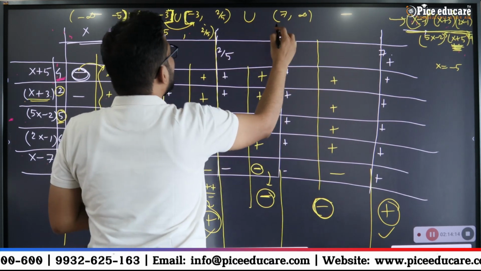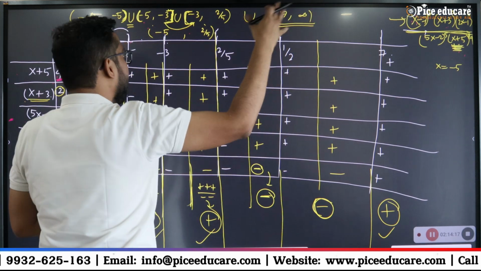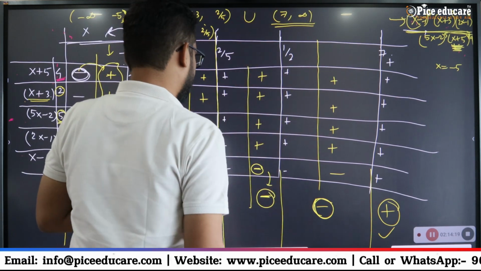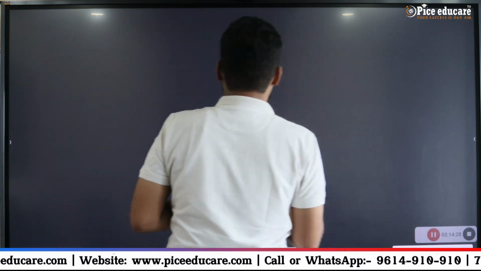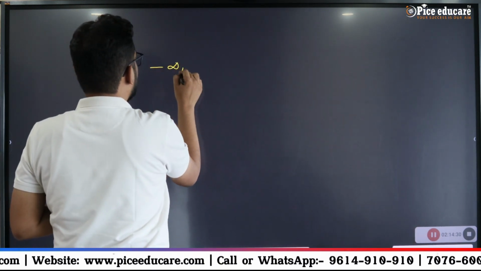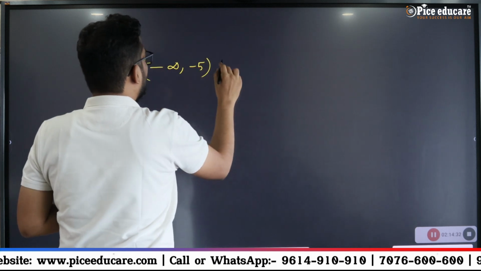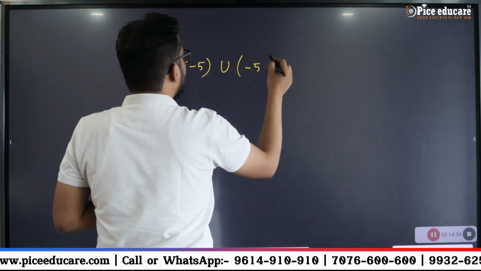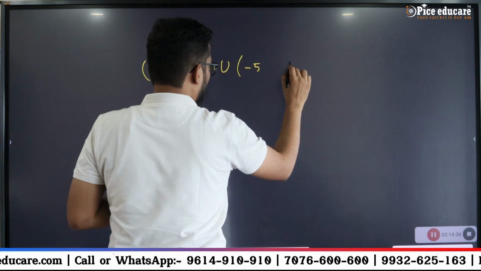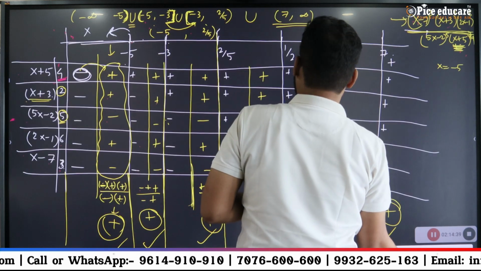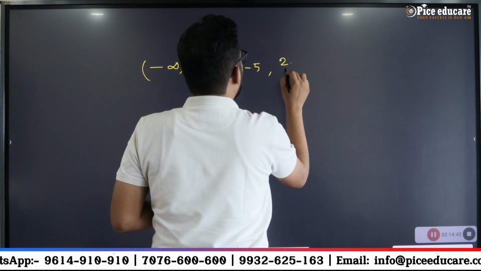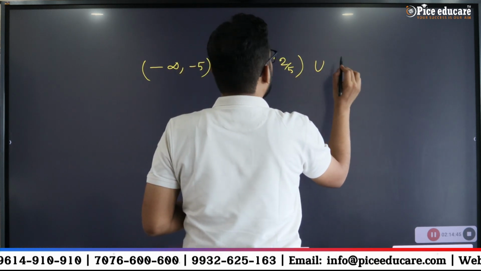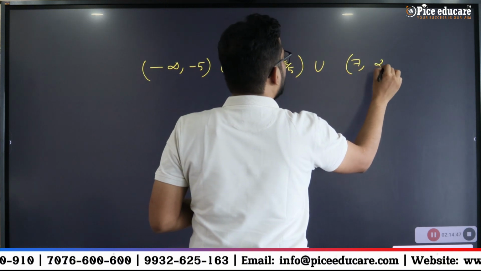So you have to keep 7 infinity, this open interval, as it is. So your final answer becomes minus infinity to minus 5, union minus 5 to 2 by 5, I guess it was 2 by 5, and then union 7 to infinity.